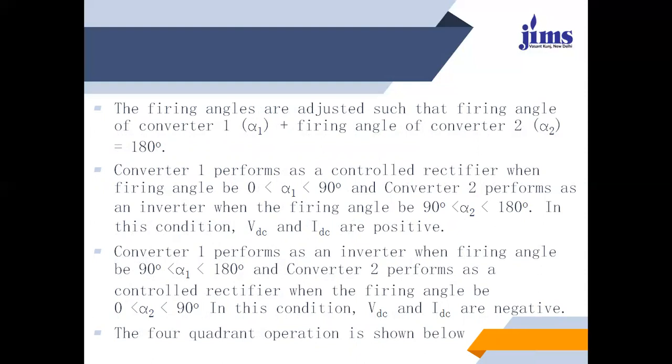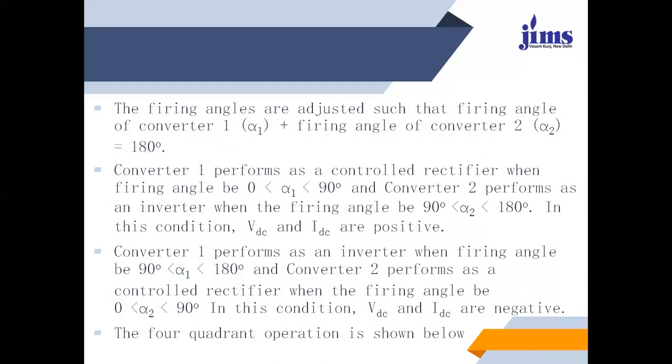Converter 1 performs as a controlled rectifier when the firing angle is 0 to 90 degrees, and converter 2 performs as an inverter when the firing angle is 90 to 180 degrees. In this condition, VDC and IDC are kept positive. Converter 1 performs as an inverter when the firing angle is 90 to 180 degrees, and converter 2 performs as a controlled rectifier when the firing angle is 0 to 90 degrees. In this condition, VDC and IDC are negative.